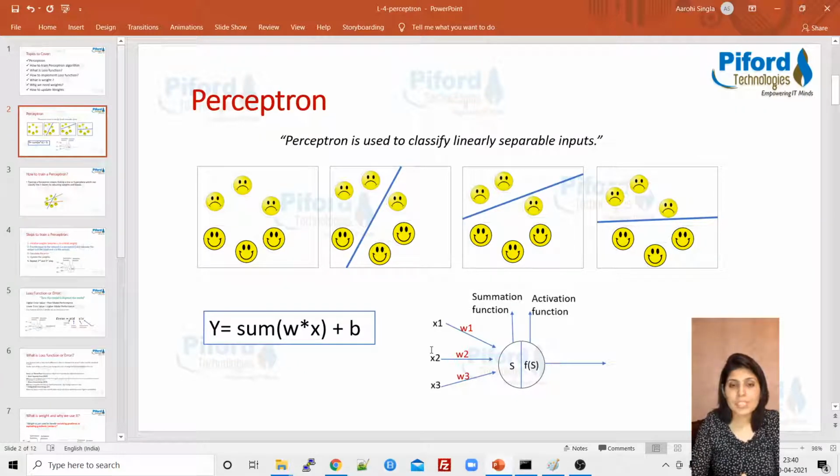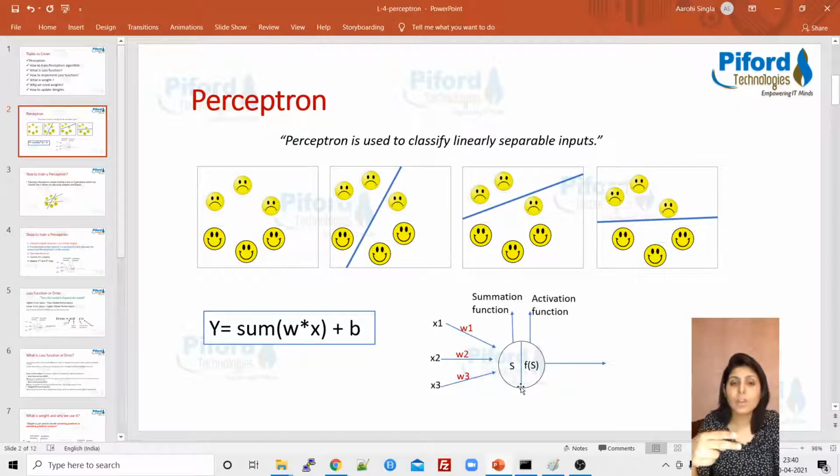So guys, the perceptron is the simplest type of neural network. It only has a single neuron in the network. You can see over here, this is a single neuron, right? This single neuron is known as the perceptron algorithm. The perceptron is used for two-class classification, meaning binary classification.